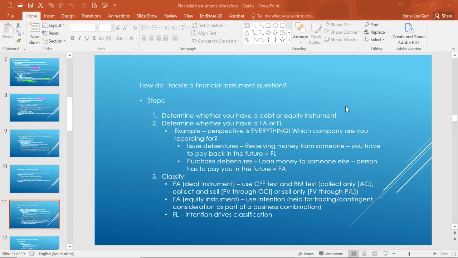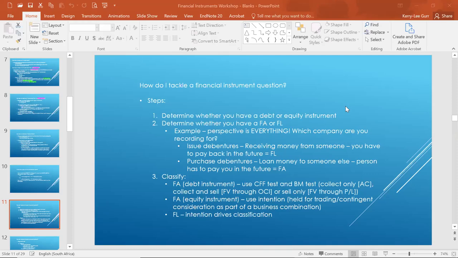And that's why I'm always stressing the fact that it's important we know, are we looking at it from the company who's issuing, or are we looking at the point of view of the company who is purchasing? Very, very important. And we then move on to our classification in terms of our measurement.